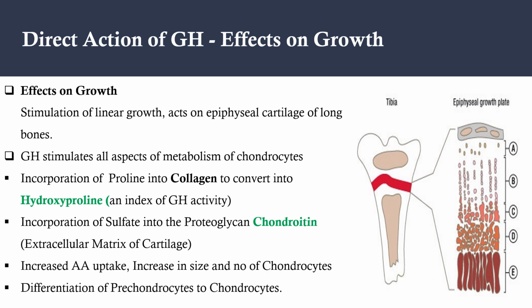So it facilitates the differentiation of prechondrocytes to the chondrocytes. So all these actions result in the growth of epiphyseal cartilage, which helps to increase the length of the bone and subsequently that promotes the linear growth of the body. Thus the growth hormone increases the height of the individual before the closure of the epiphysis.